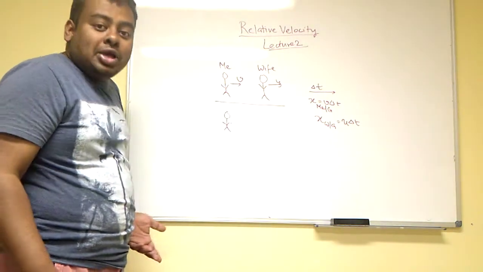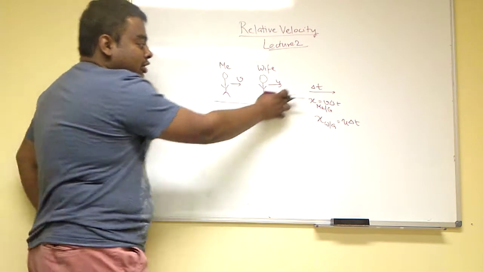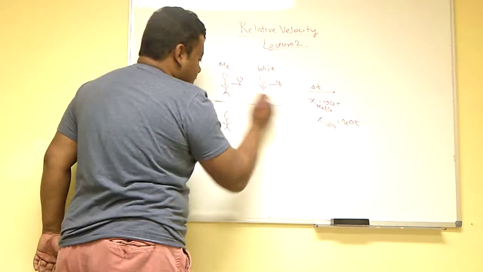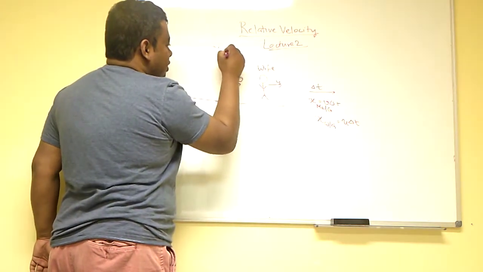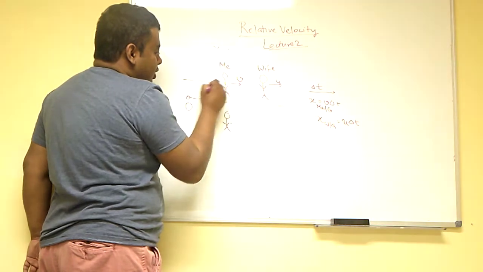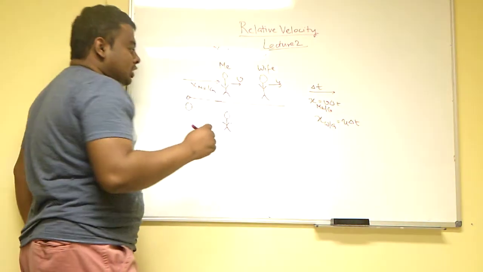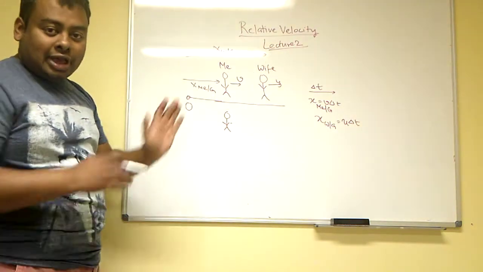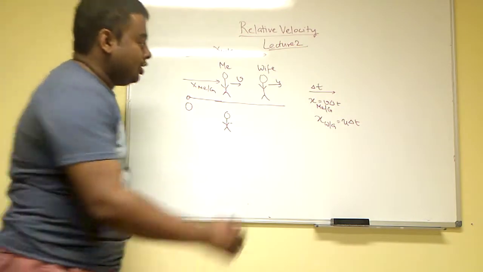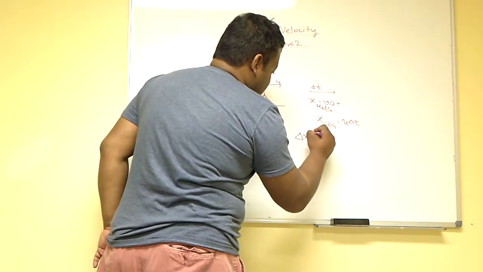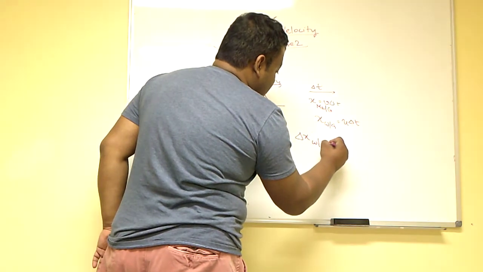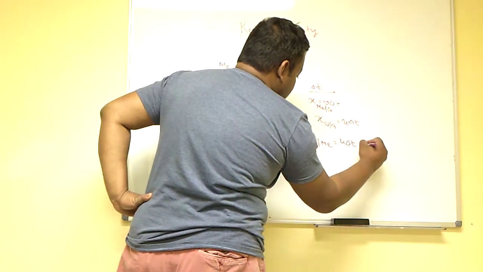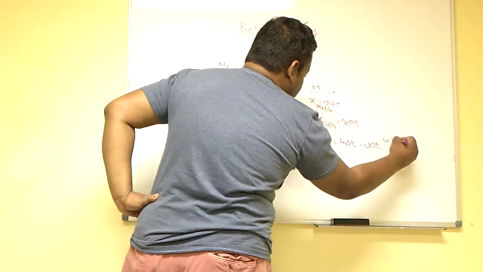So with respect to me, she's only ahead of me by her distance from the origin, which is x of the wife with respect to ground, minus x of me with respect to ground. If we take off this distance from that distance, that is how much my wife is ahead of me. So delta x of my wife with respect to me is u delta t minus v delta t, where u is greater than v.